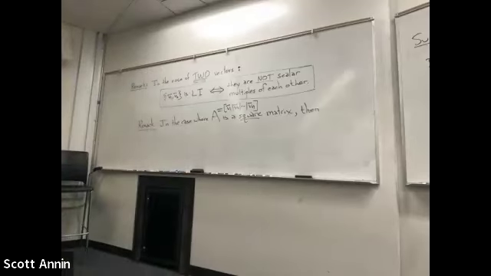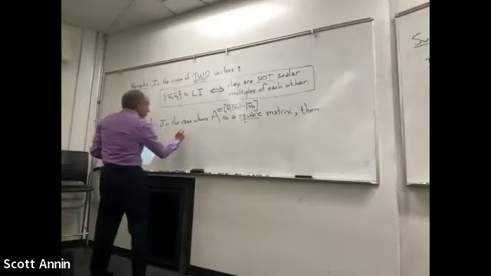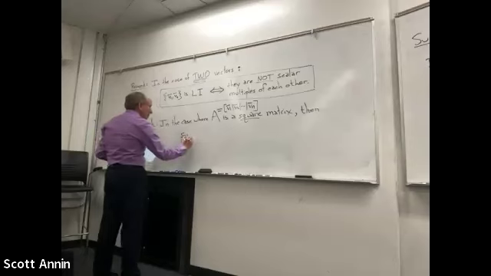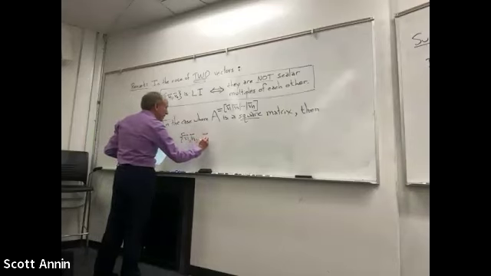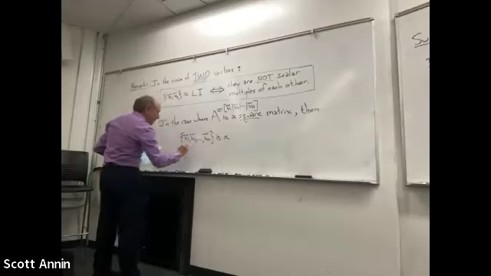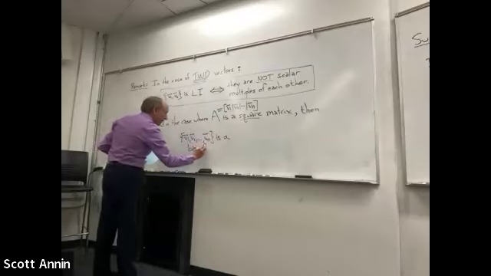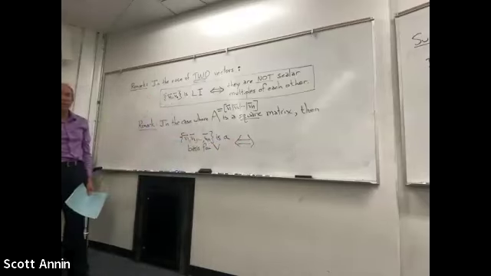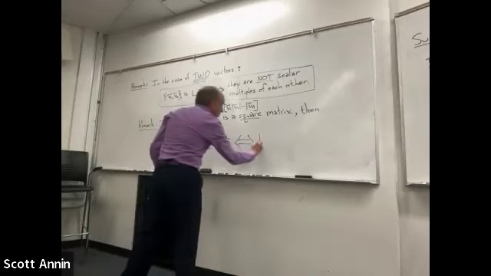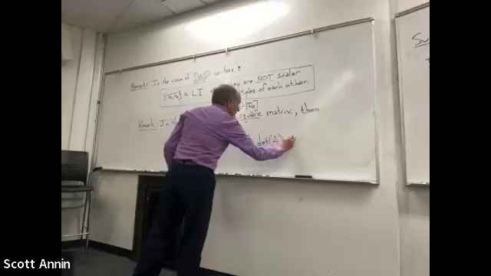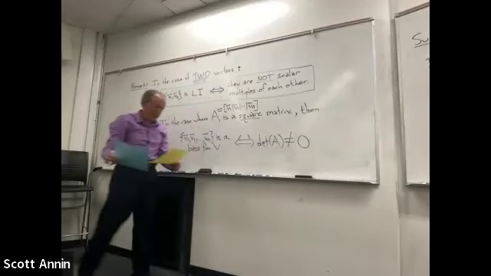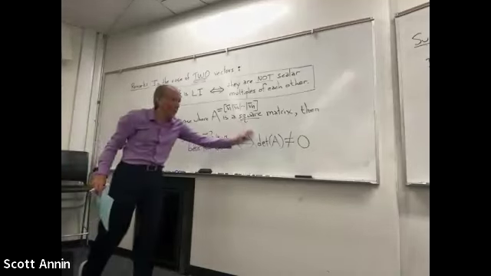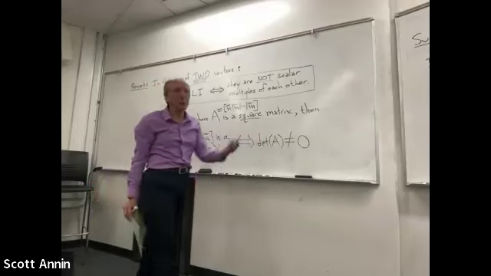If I lay those vectors down into A, then this set v1, v2, ..., vn is a basis for V if and only if the determinant of A is not 0. That's a good thing. In other words, A is invertible. This is what we have there.